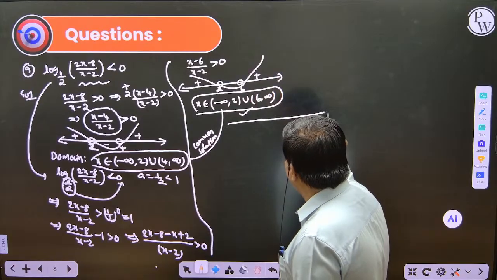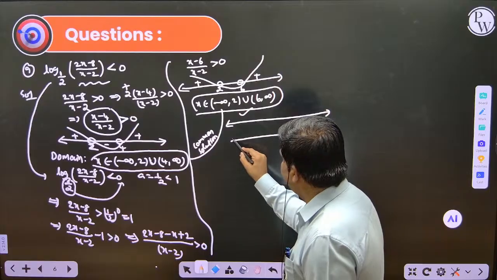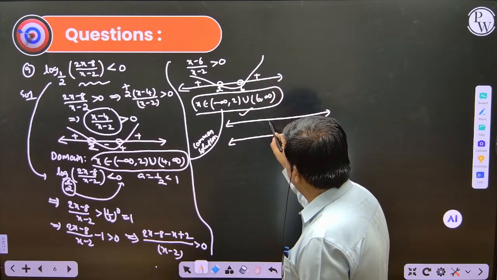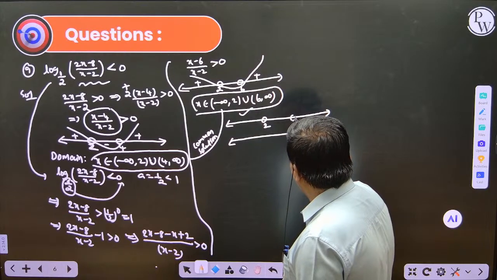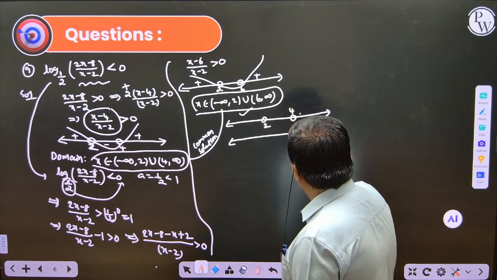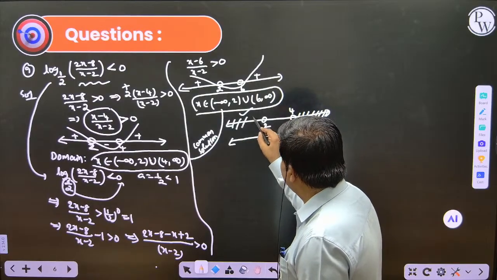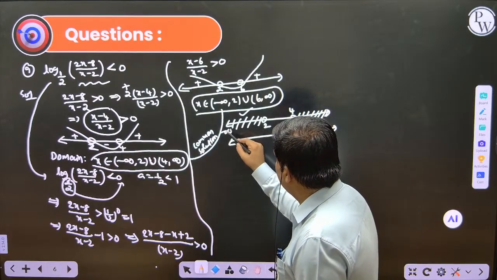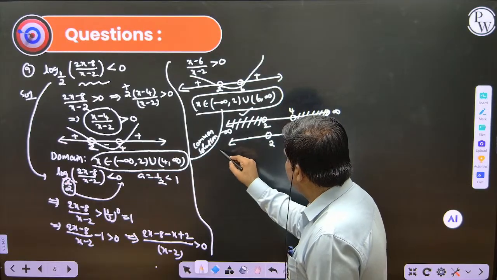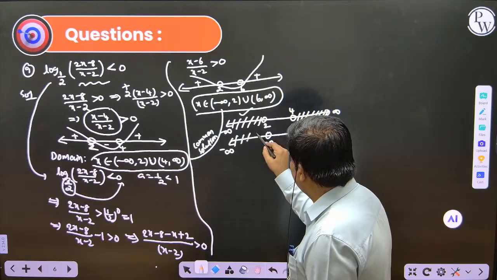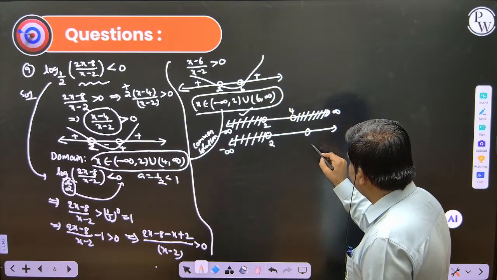Here you draw the two lines. The common solution you should get. Here is 2 and here is 4. This is 4 to infinite. Next here is 6, you can say.